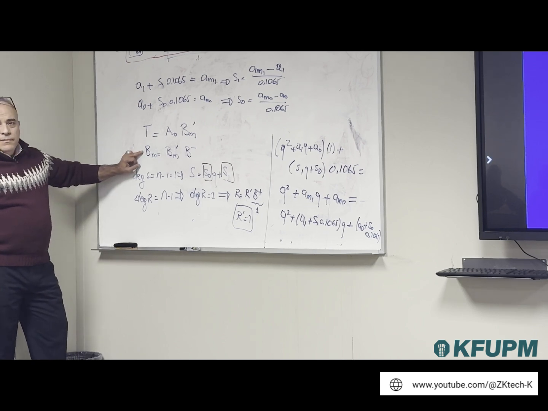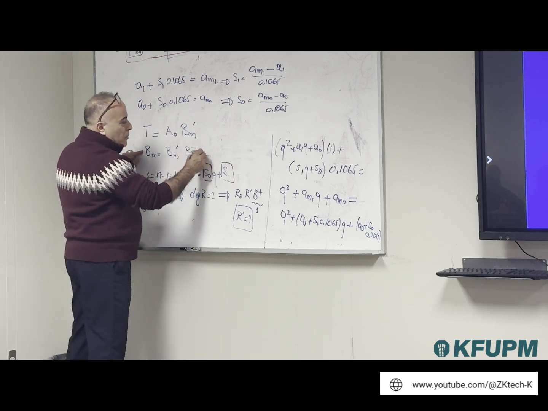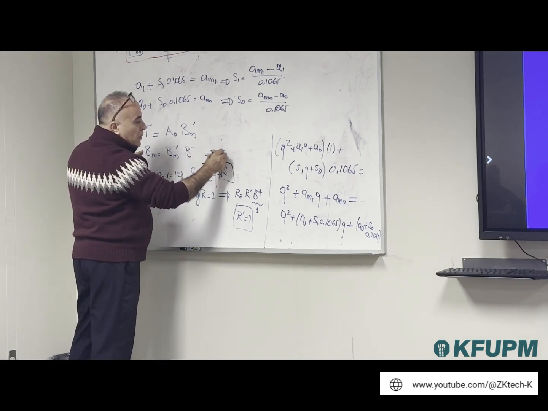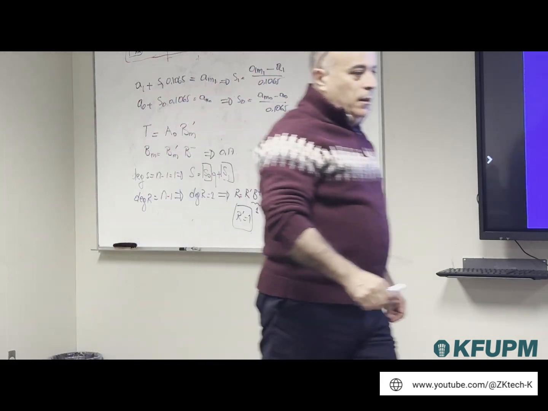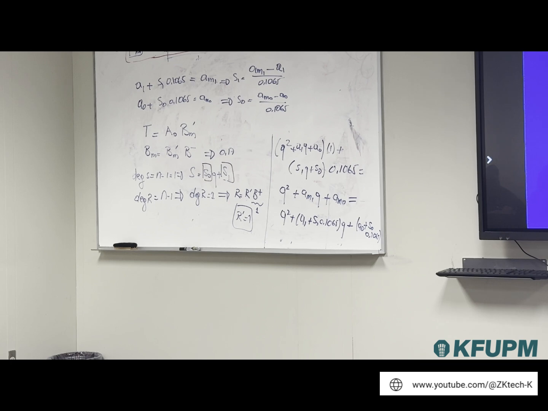Do we know Bm? Yes. So Bm is given here. It's equal to Bm0 times Q. So I'm going to write it as Bm0 times Q.